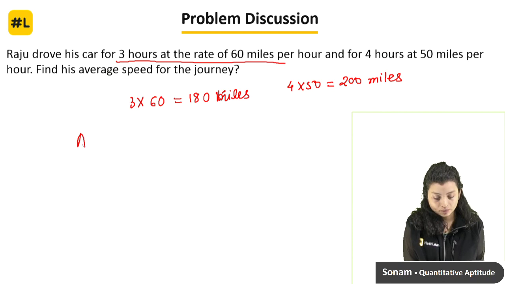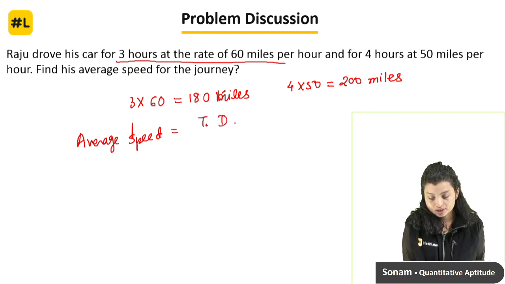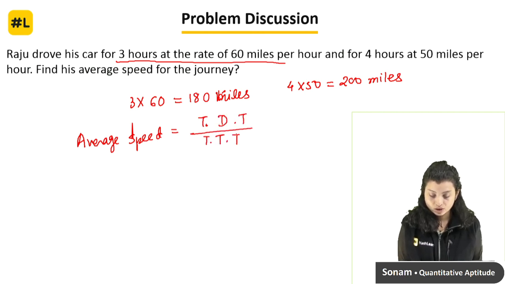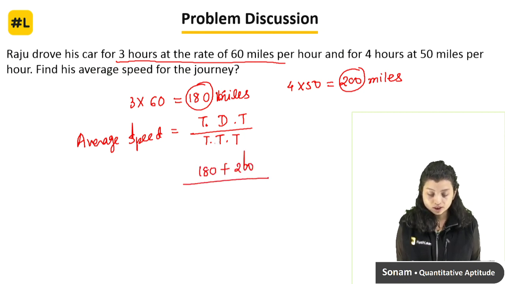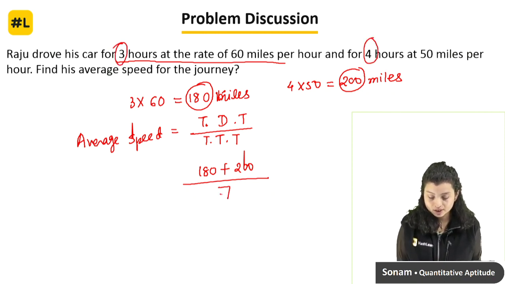What was my normal method? I gave you the formula: average speed is equal to total distance traveled upon total time taken. So the total distance traveled will be 180 miles plus 200 miles, and the total time taken is 3 hours plus 4 hours, which is 7 hours.